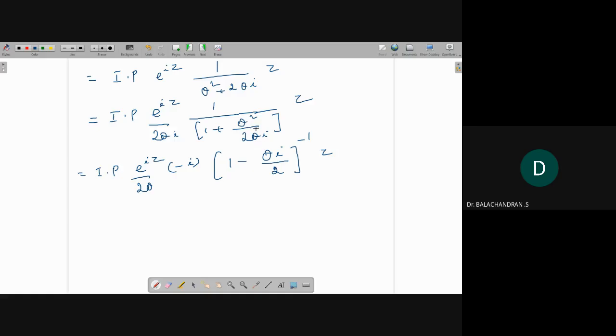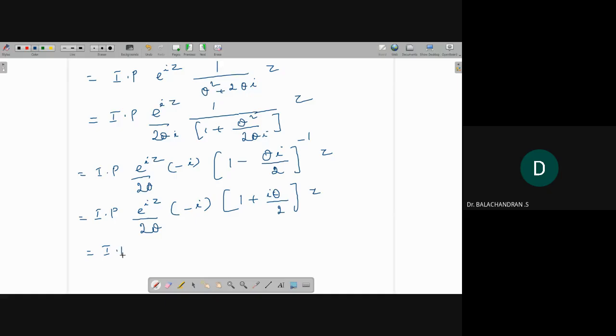Here 1 by i is minus i, and θ gets cancelled, then whole power minus 1. So the imaginary part of e^(iz) by 2θ into minus i, (1 − x) whole power minus 1, so 1 plus x, that is iθ by 2, into z. 1 plus x is enough because here z is power 1.